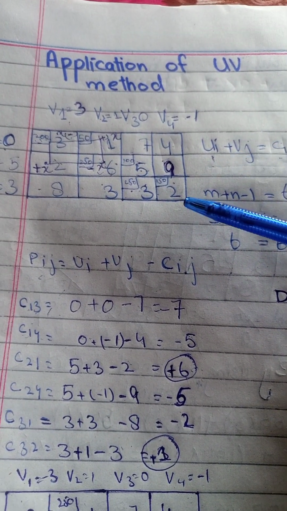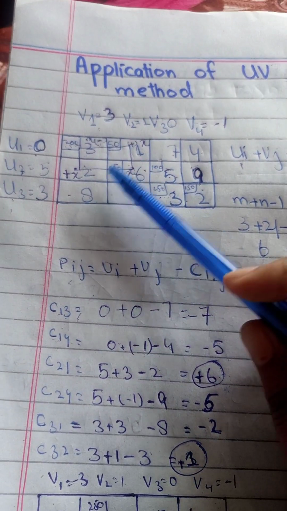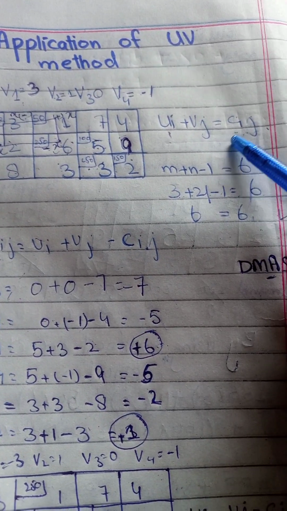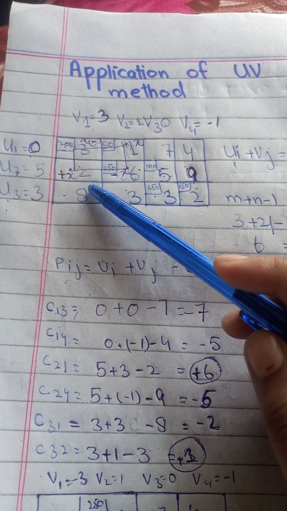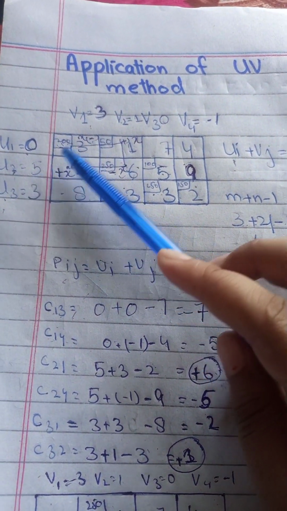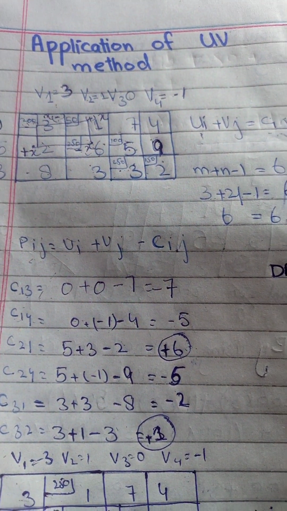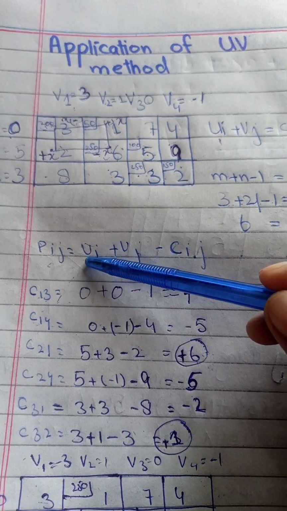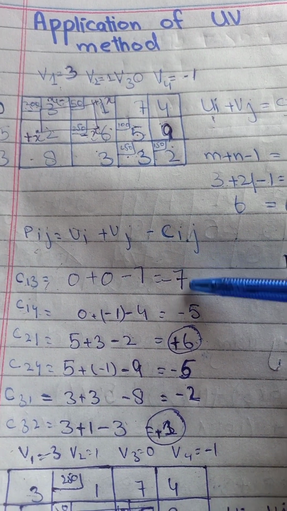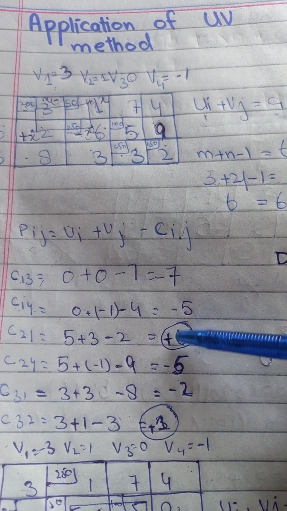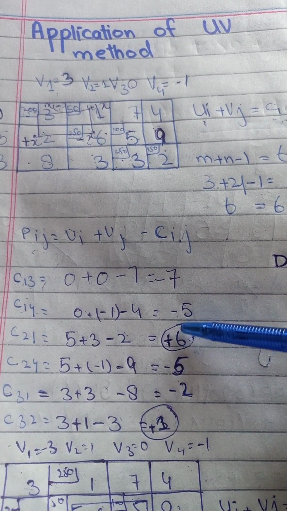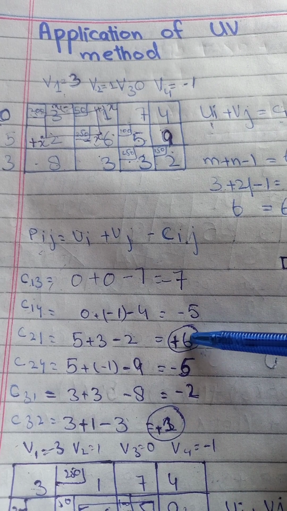For the UV method, we have to find the values of u and v, which equal Cij for allocated cells. So we have found the values of u and v. Then we have found the penalties. Two numbers in this problem are positive, +1 and +6. We have chosen the most positive value here.